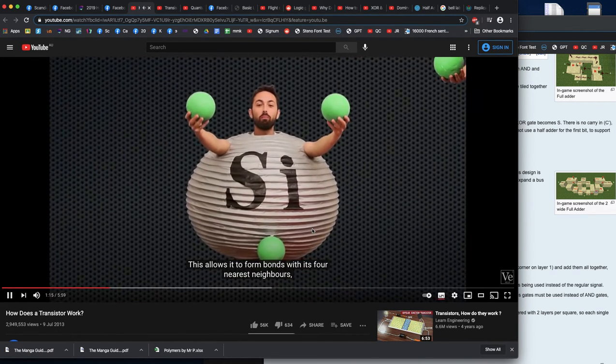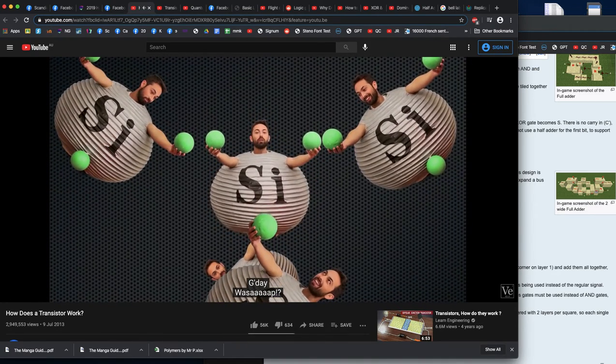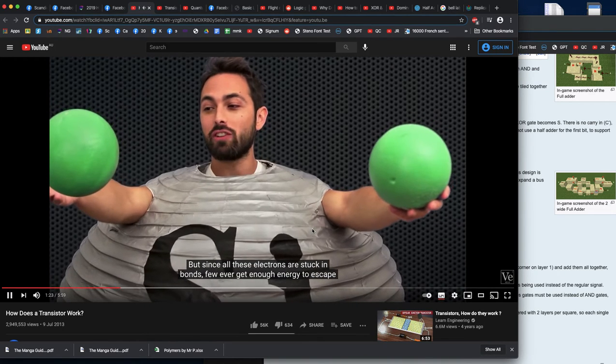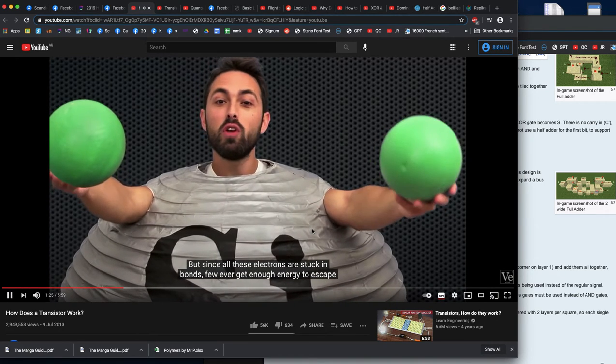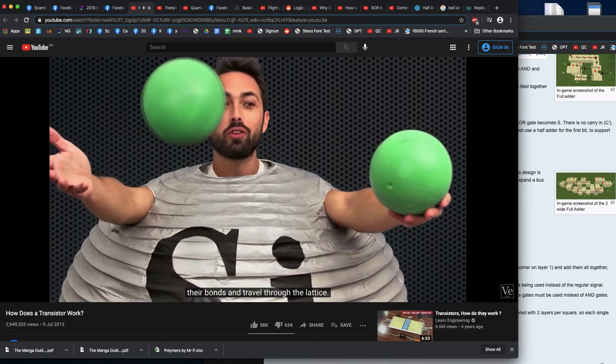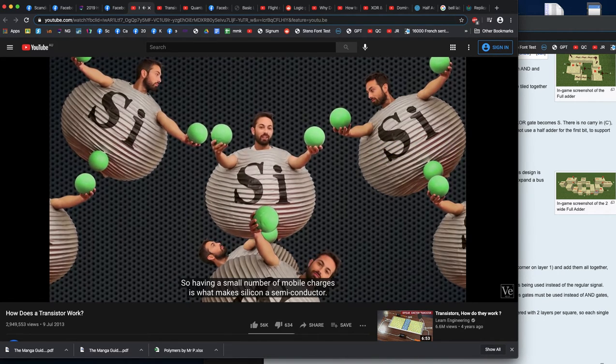This allows it to form bonds with its 4 nearest neighbors. So it forms a tetrahedral crystal, like diamond. And since all these electrons are stuck in bonds, few ever get enough energy to escape their bonds and travel through the lattice. So having a small number of mobile charges is what makes silicon a semiconductor.